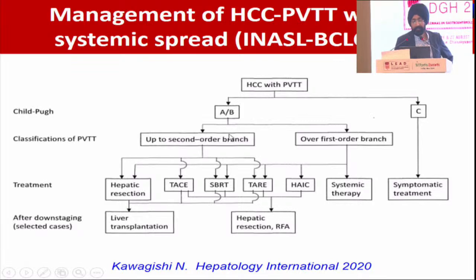On the other hand, if you have VP1 to 3, then selected patients can be taken up for resection or ablative treatment, and some of them will eventually become suitable for transplantation. So that's the overall high-level view.